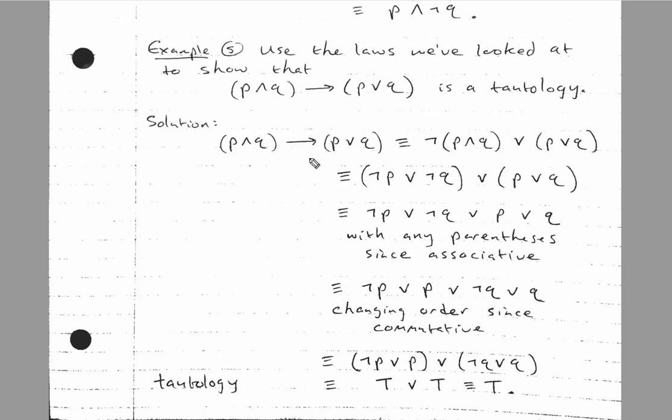Okay, so again, we want to convert this implication to an or, so this is equivalent to not this or this. All right, then we want to negate this and. Okay, so using De Morgan's other law, we get not P or not Q.